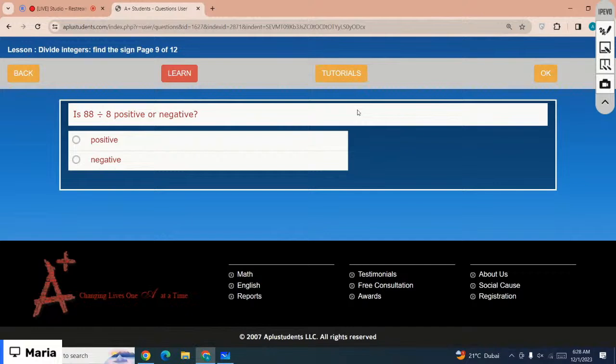The correct option is positive because both the numbers are positive, so the answer must be positive.